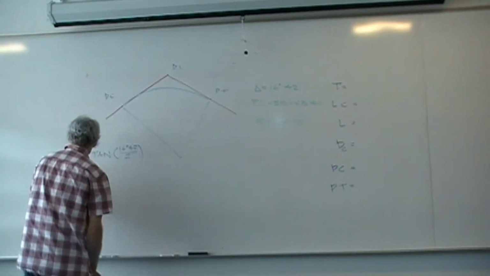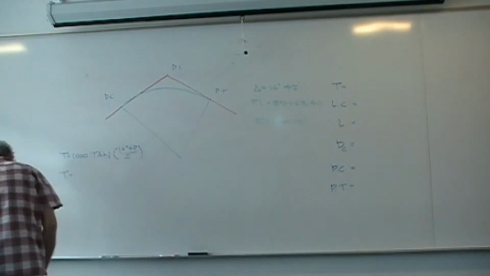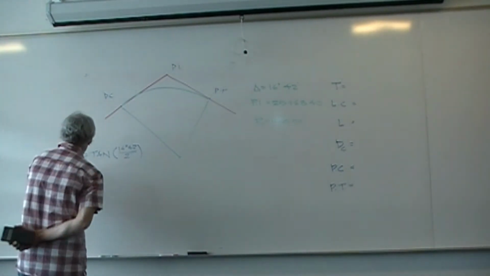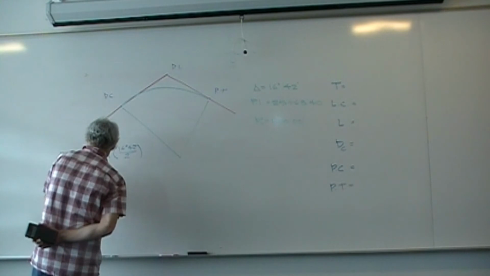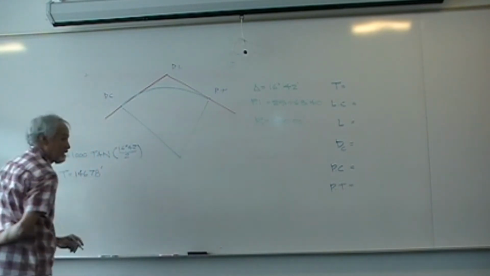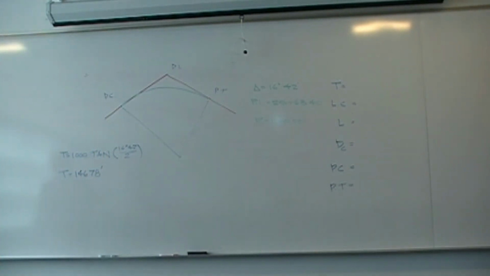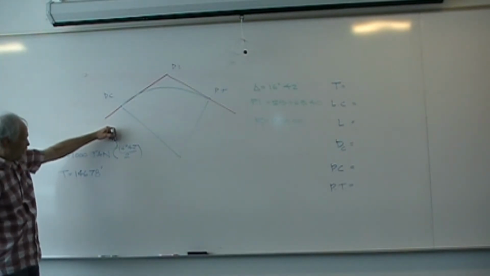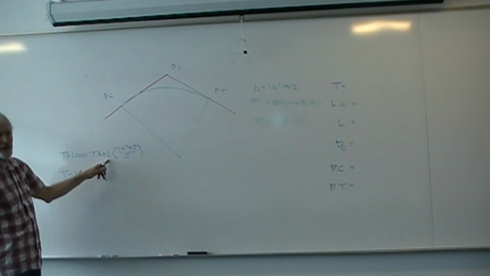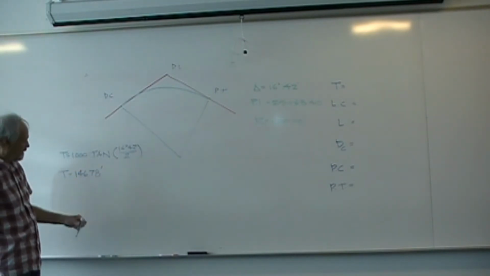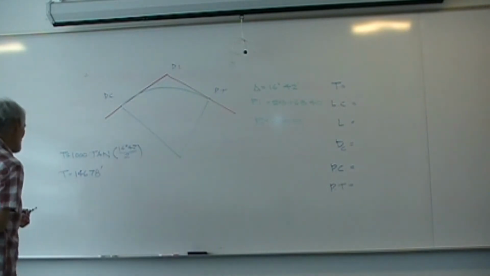Calculating that number, you should get 146.78 feet. Be careful when you do this, because some people will take the tangent of that number and divide the tangent value by 2, and that's not the same thing. They're close, but they're not the same thing. So there's our T value.